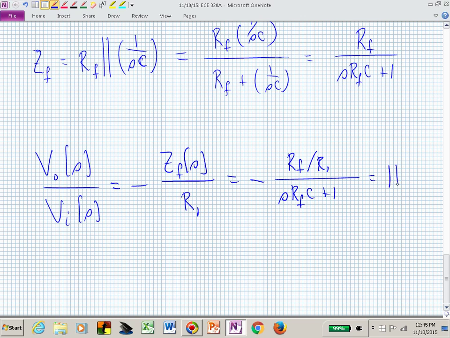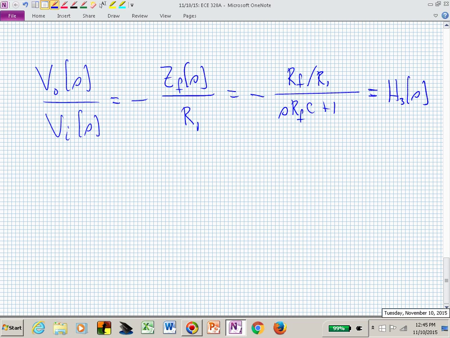And that's now the transfer function of this third circuit, which is a low-pass filter. What's the order of that low-pass filter? First, what's the DC gain of that transfer function? That's evaluating this transfer function at s equals 0.